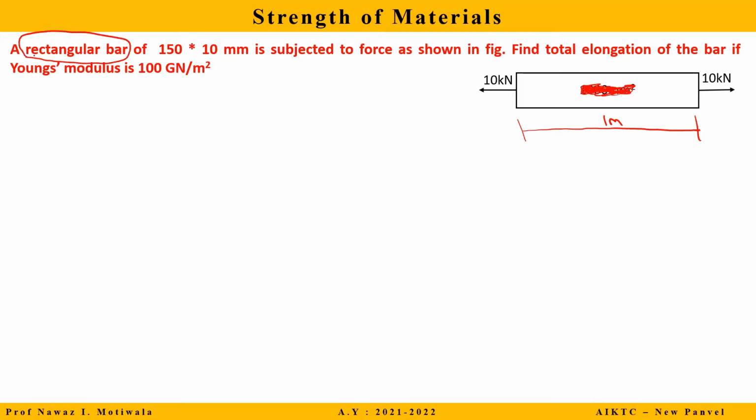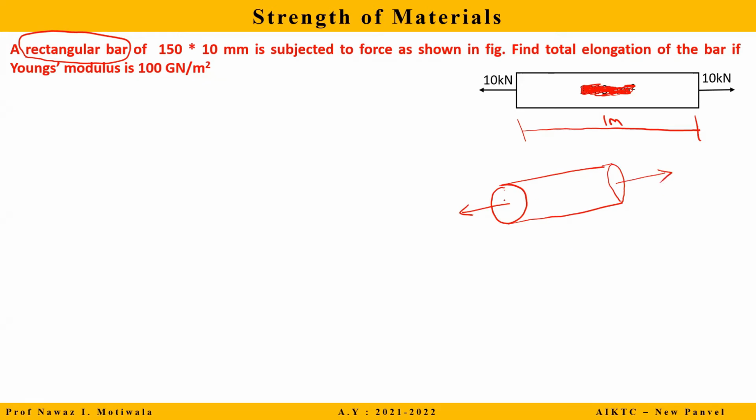Now what will happen here? Let us say it is a circular bar, which you have also seen during your practicals. I will make a 3D view of this. We have applied the load at this particular section, so the cross section is the circle.